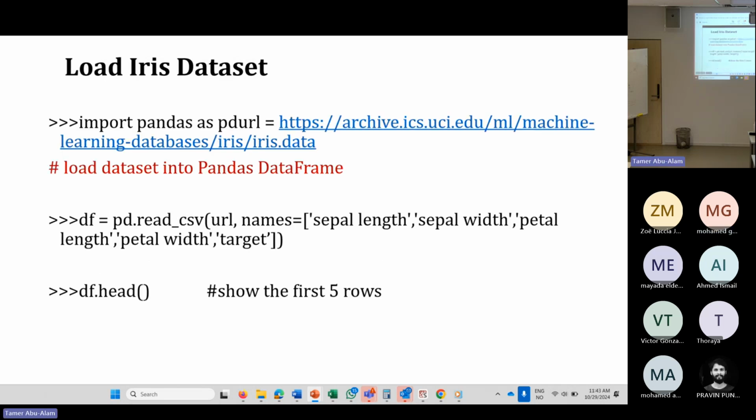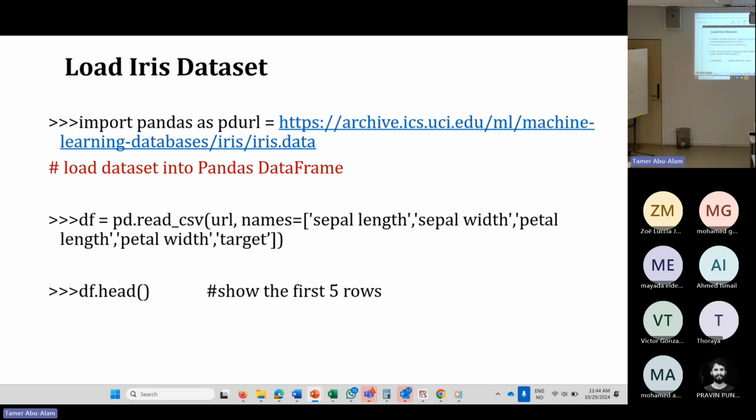Then we will start to create our database. So we import this data. Import pandas as pd, then URL, and if you just go to this URL, you will get your database, the iris database. And then we start to load our database in a data frame. So create data frame, df.